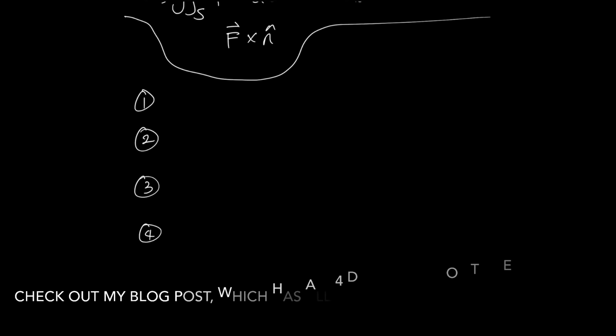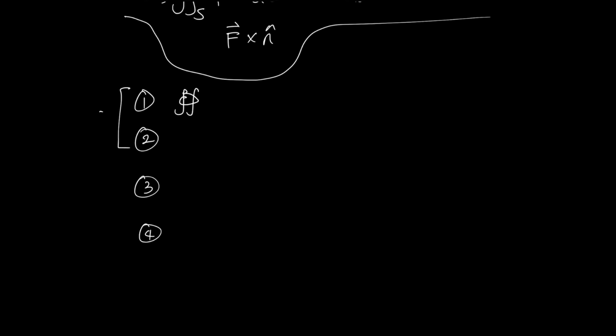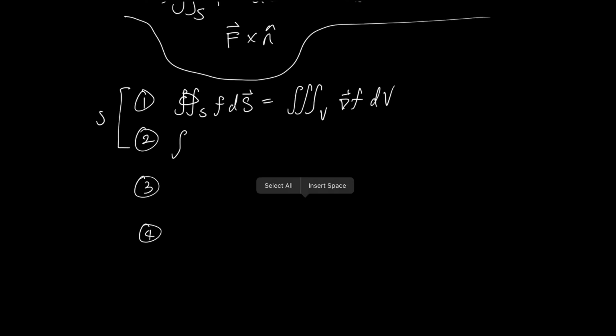So I have that for the closed surface S, and then for the other one, it would be f cross ds, and this is equal to the negative.